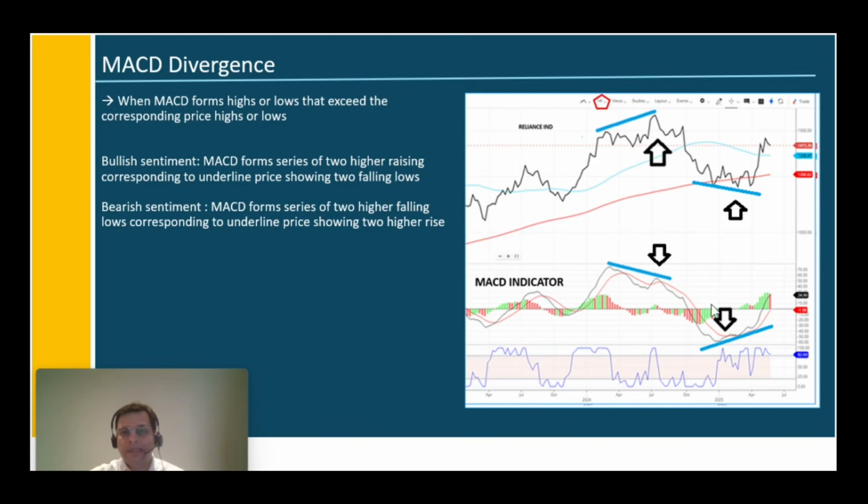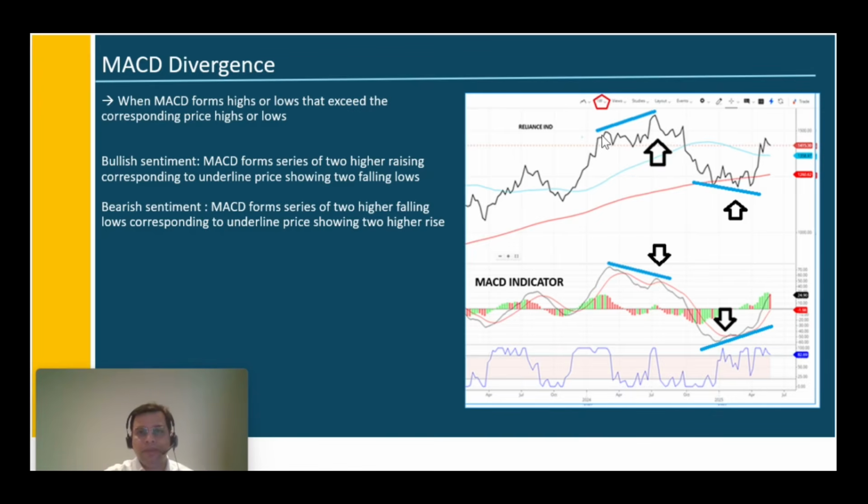So when you see these kinds of trends corresponding to price, MACD is indicating that in future, price is going to fall in line with MACD and reverse the trend. A bullish sentiment is when MACD forms a series of higher highs with the corresponding underlying Reliance price, as indicated here. So in future, as you see, MACD has increased and price has jumped from low to high.